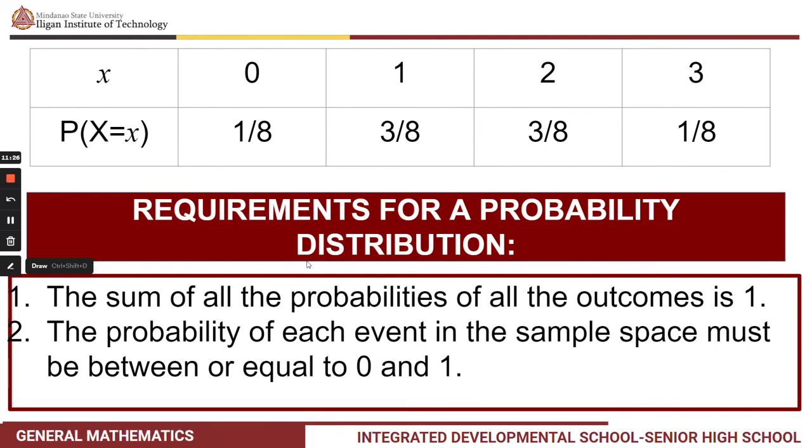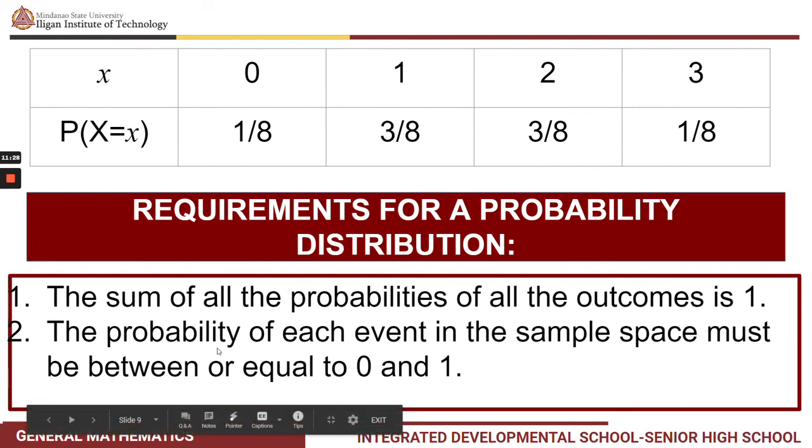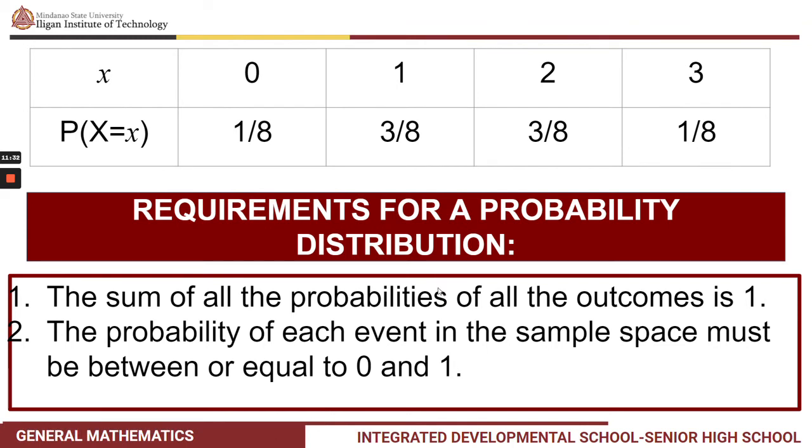Now, for our discrete probability distribution, we have requirements. First, the sum of all the probabilities of the outcomes is 1. If you notice, 1/8 plus 3/8 plus 3/8 plus 1/8 is 1. The second is that the probability of each event in the sample space must be between or equal to 0 and 1.